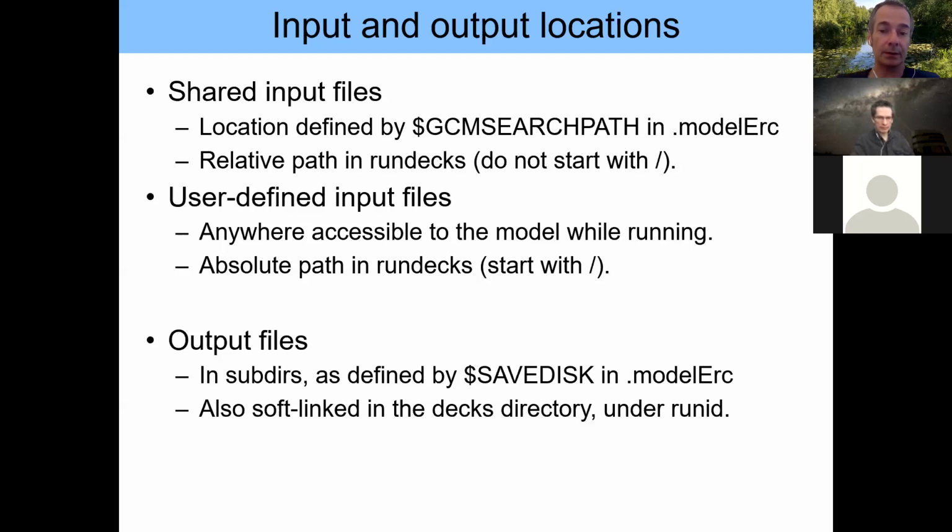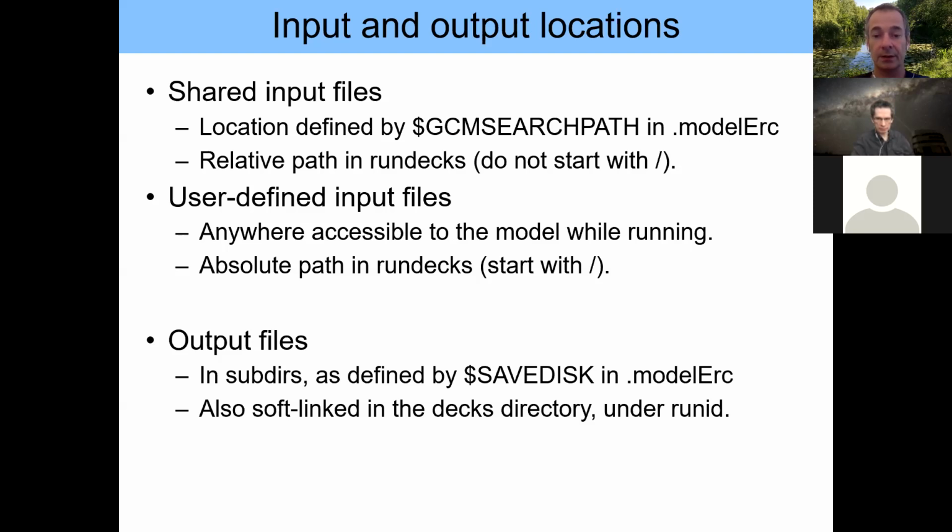Then the output files: the directory where things are saved is defined in the save disk variable in your .model ERC. The model creates massive output. Depending on the configuration you might be using and the duration of your simulation, it can easily fill up your disk space.